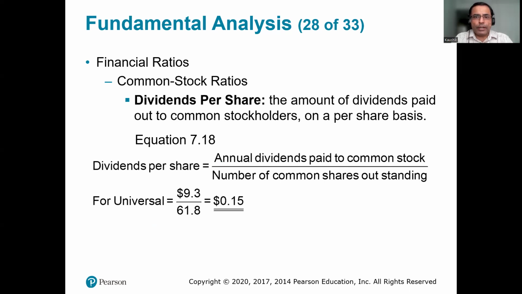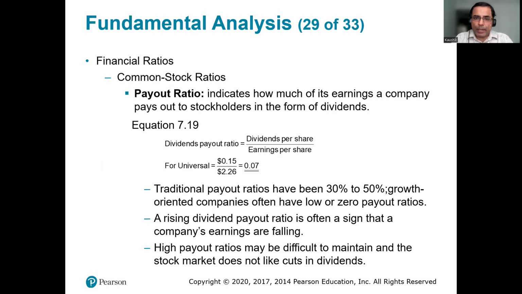Then we have looked at dividend per share. This is the total dividends divided by common shares outstanding. That gives us the dividend per share. Then we have the dividend payout ratio, that is the fraction of earnings which is paid out as dividends. So it is dividends per share divided by earnings per share. Here we must notice one thing, that a rising dividend payout ratio can be a cause of concern. It could be that the dividend payout is constant, but the earnings per share is going down.